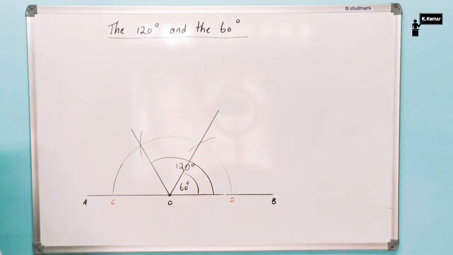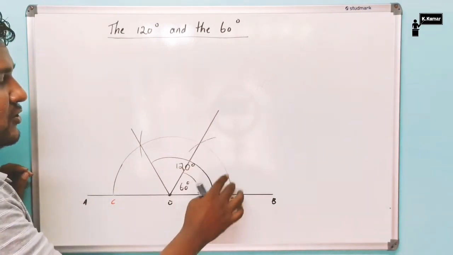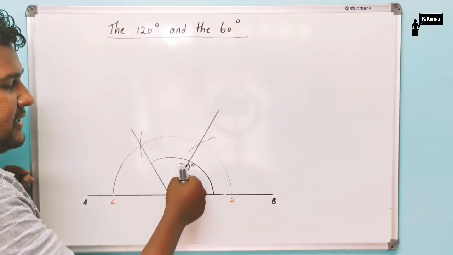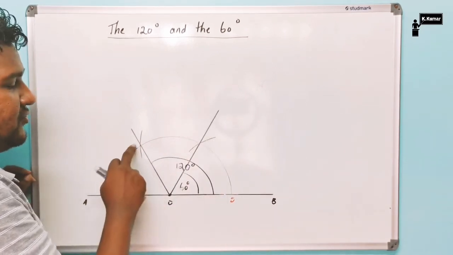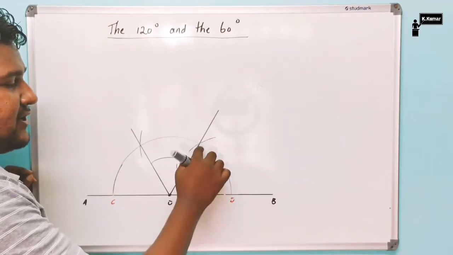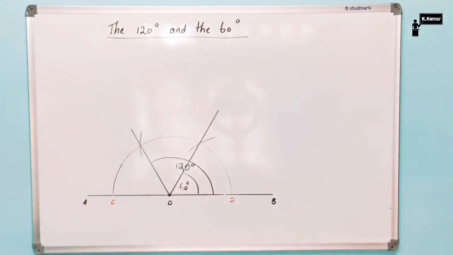Now, if a question asks you to construct the 120, just know that you're going to do your first scribe, the second scribe, but you are not going to draw this line. You're going to ignore this line and then just draw this one. Or if they ask you for the 60, then you just draw the first scribe and you stop right here. You don't need to go to the other one. So that's how you construct the 60 and the 120 degree.